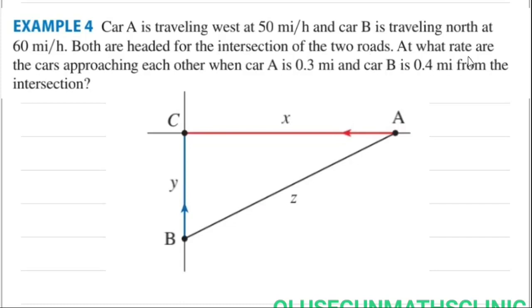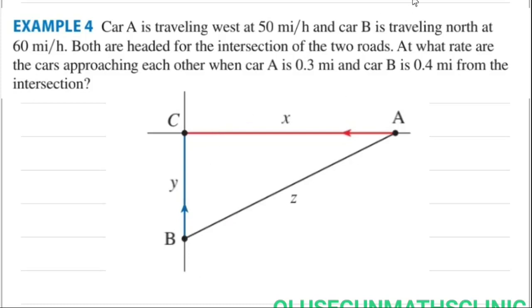At what rate are the cars approaching each other when car A is 0.3 mile and car B is 0.4 mile from the intersection? Therefore, this is car A moving along the x axis and car B moving to the north along the y axis. And the distance between A and B is z.